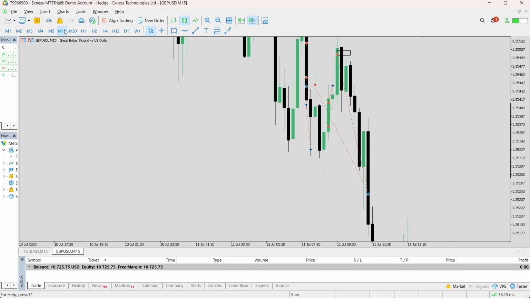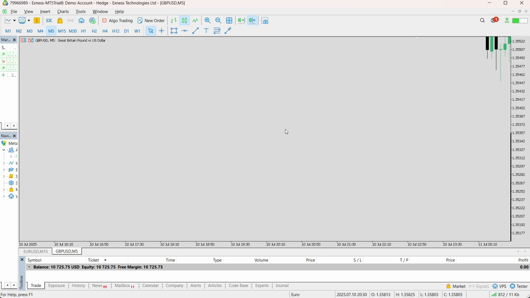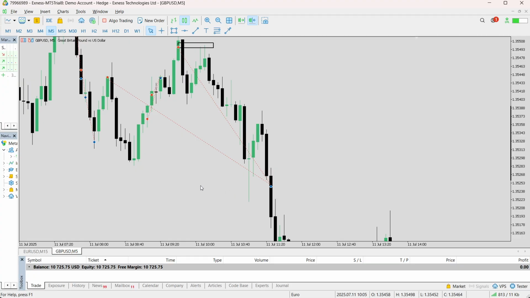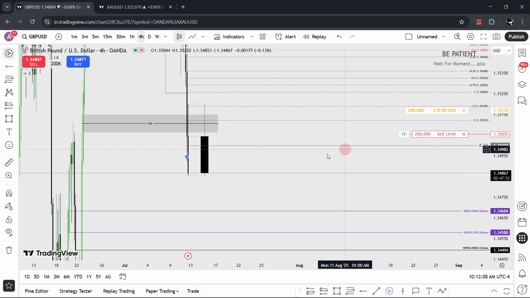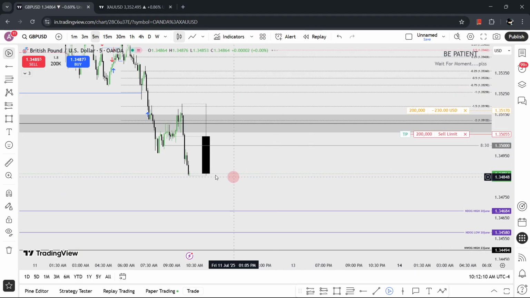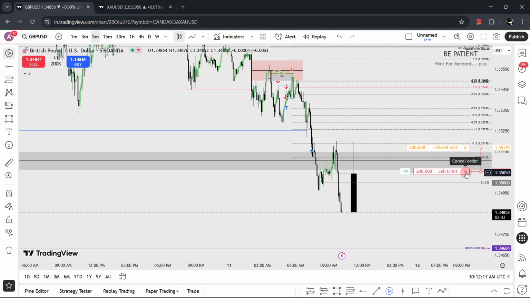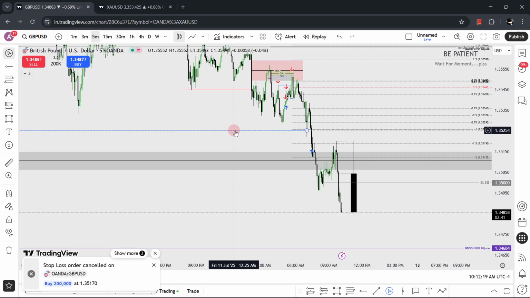There was actually a 15-minute fair value gap up here. To fill that gap, it went up. But my mentality was that I didn't take profit on that low. That is this low. I actually didn't take profit from this.